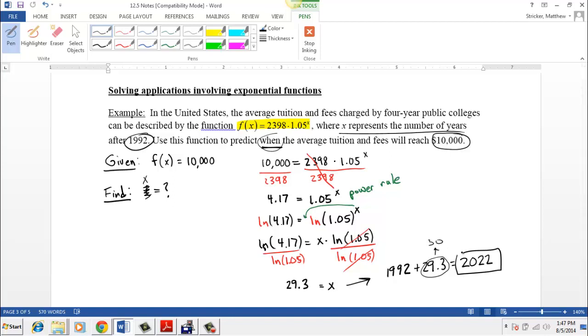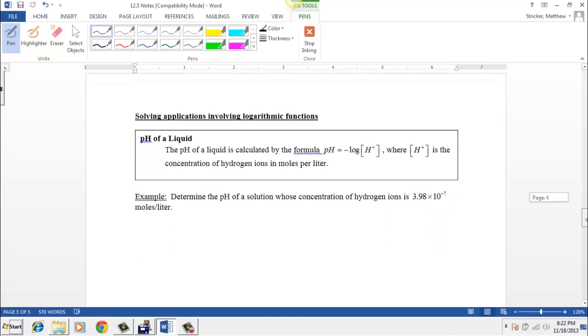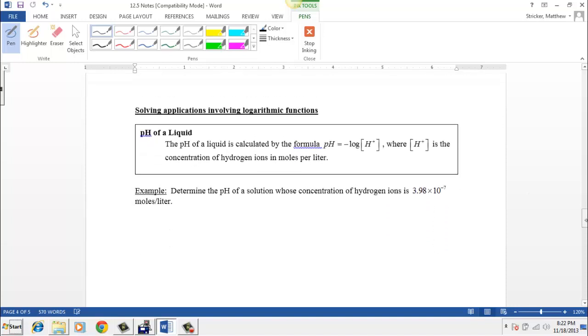Our last couple of log applications here. One thing you may have heard of is pH. pH tells us whether a liquid is acidic or basic or neutral. It says determine the pH of a solution whose concentration of hydrogen atoms is 3.98 times 10 to the negative 7 moles per liter.